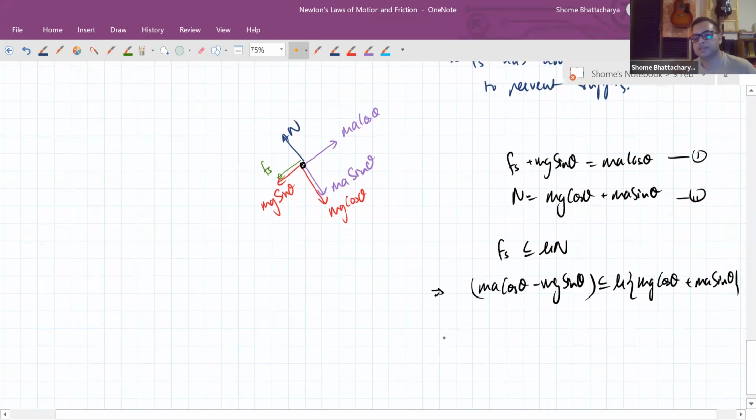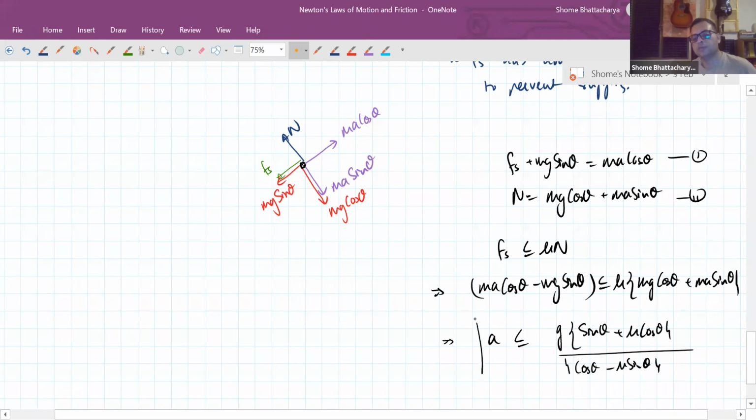So finally we'll get a condition on A over here, that A should be less than or equal to g into sin theta plus mu cos theta upon cos theta minus mu sin theta.